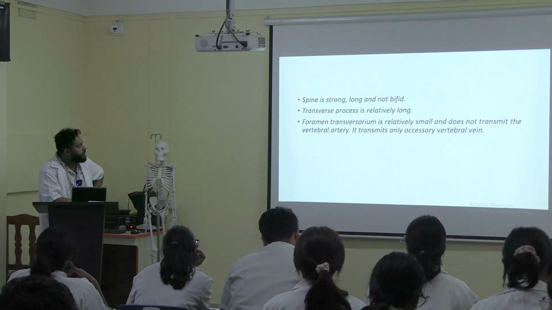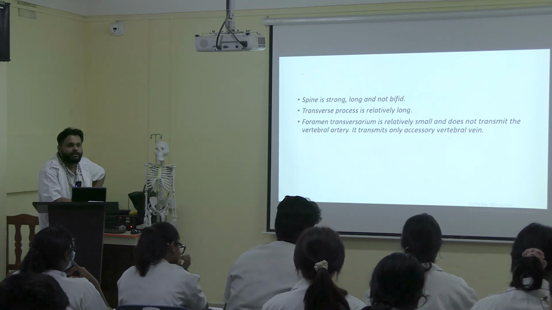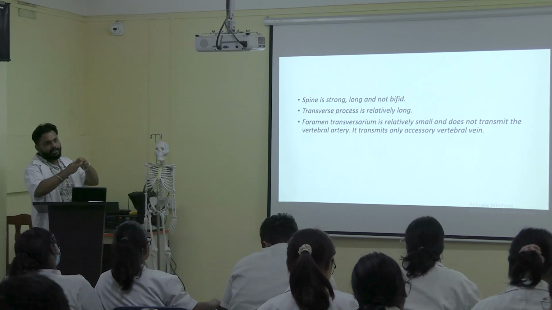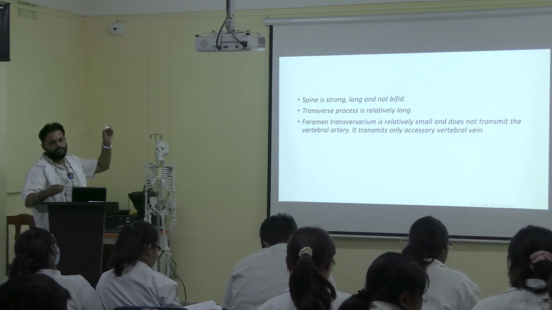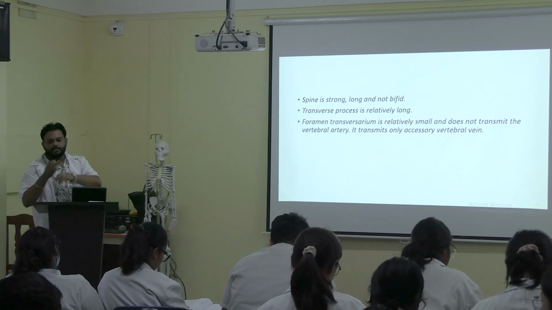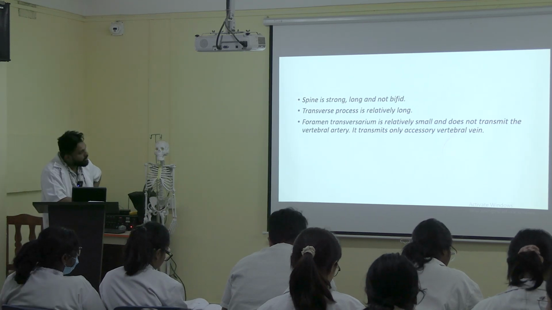Okay. What are the features? The spine is strong, long, but not bifid. The previous one, the tip was bifid, right? But this is not bifid. And transverse process is relatively longer.